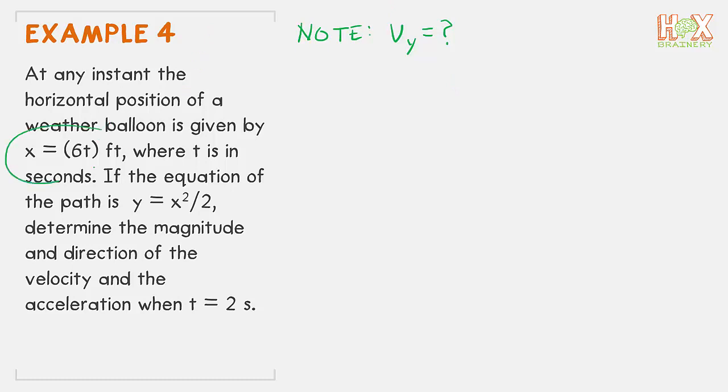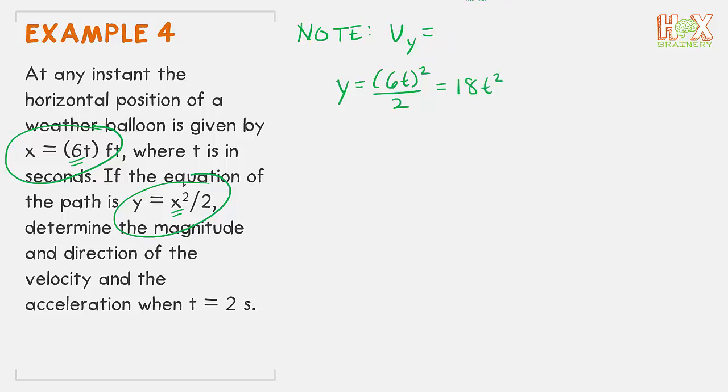And what I'm going to do is take this here and use it to rewrite this equation here so that it's y in terms of t. So since x is equal to 6t, I'm going to plug in the 6t for this x here. So y is going to be equal to (6t) squared over 2, or 18t squared.